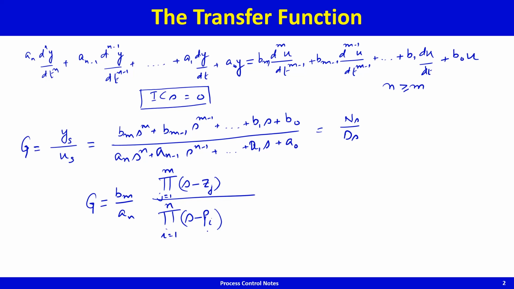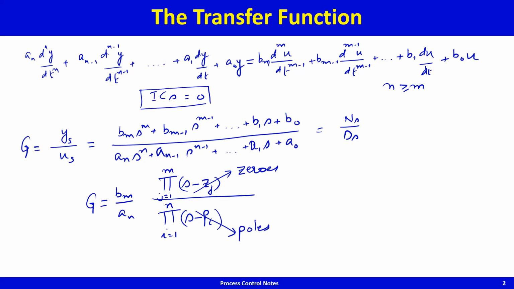These factors zj are called the zeros of the transfer function, and these factors pi are called poles of the transfer function.